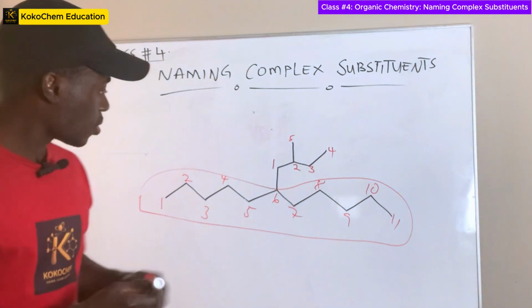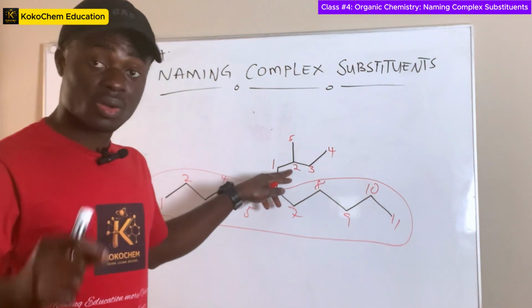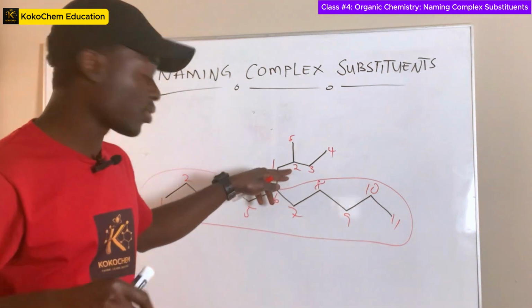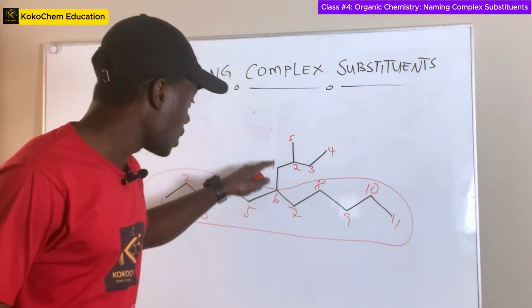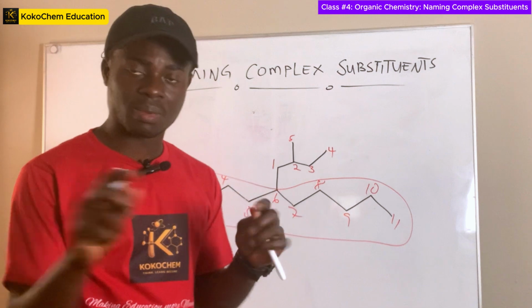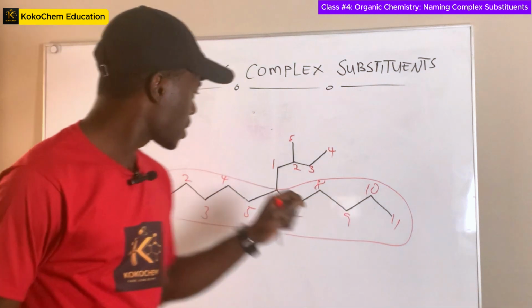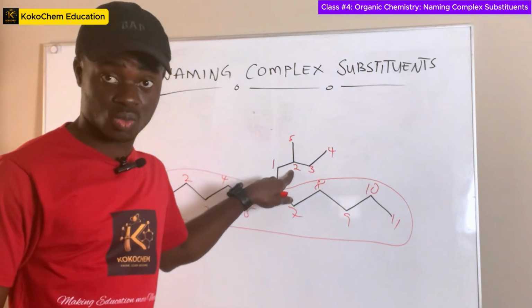So as we number them like this, you will see say the longest continuous chain for the substituent be how many carbons? 4, because 1, 2, 3, 4 day on a straight line. It will be straight, it be continuous. And there's a carbon attached to carbon position 2.